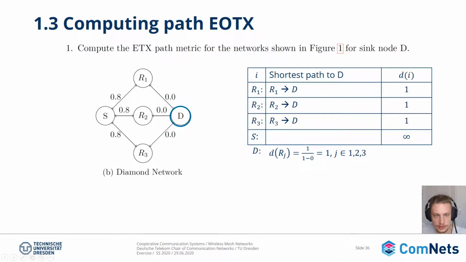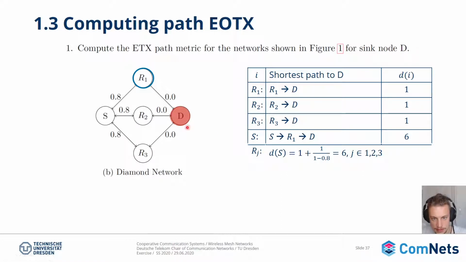Then we choose the node with the lowest distance metric, which is each of them, and it doesn't matter which we choose. Always the single path distance over any of the nodes is 6, because the ETX for each of the links is 5, and the remaining distance is 1.